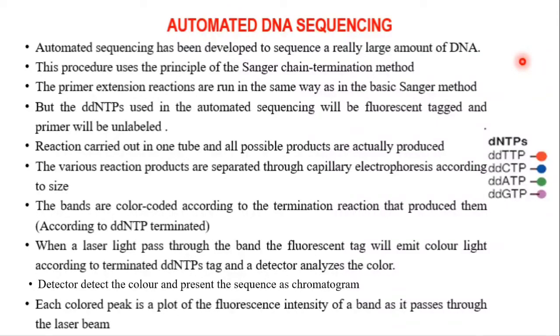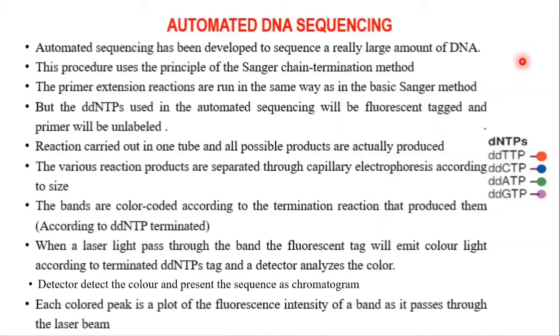In automated DNA sequencing, we use DNA polymerase, dNTPs, ddNTPs, and primer, the same as in Sanger's method.